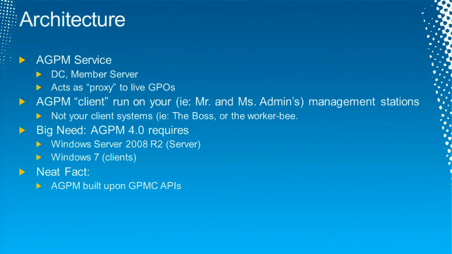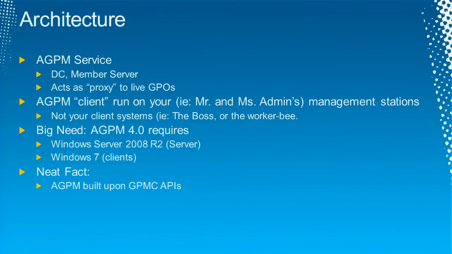Not Sally's machine, not Bob's machine. The client goes on your machine. The client is what talks to that server service and then talks to the database. So don't deploy the client everywhere. That doesn't make any sense. You deploy the client on three, five, four machines, your machine and your, does that make sense?